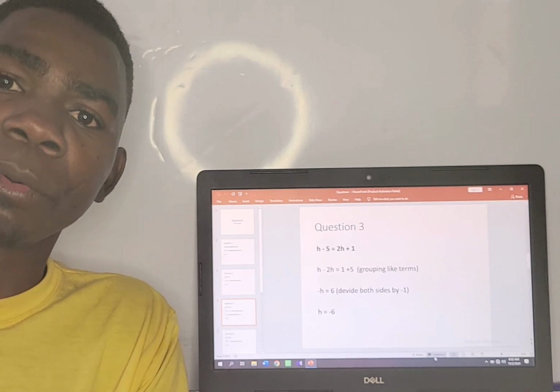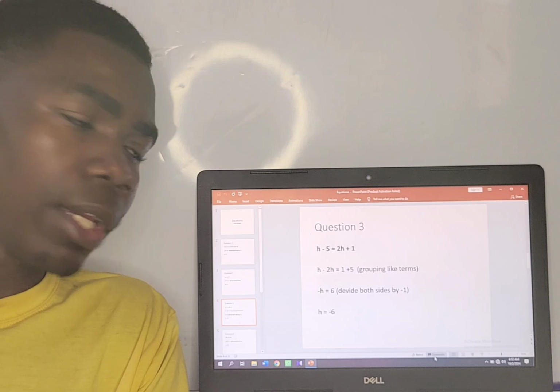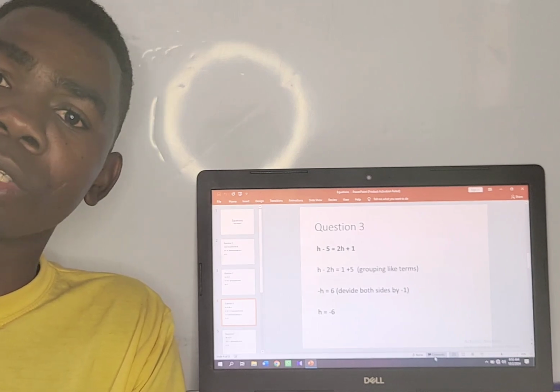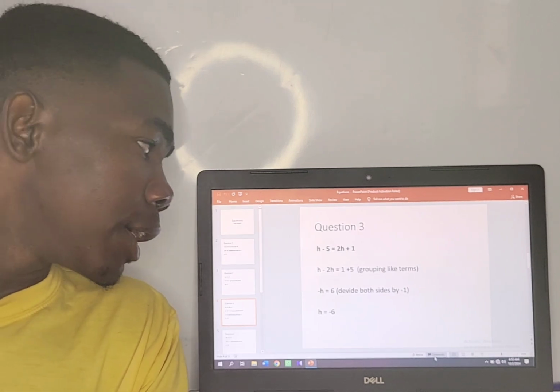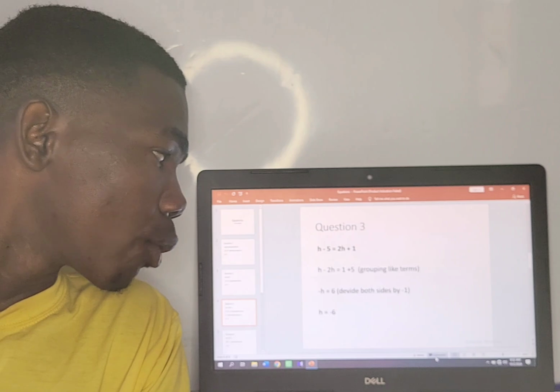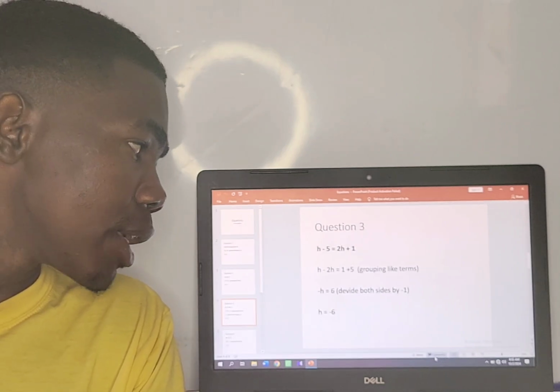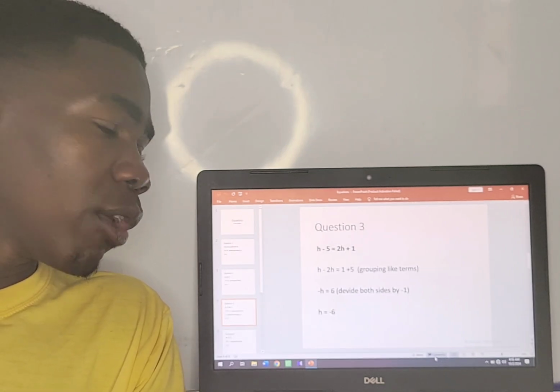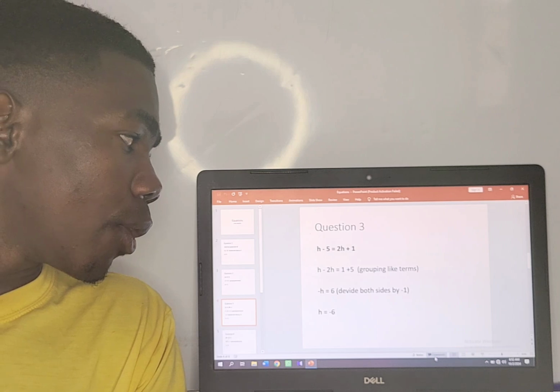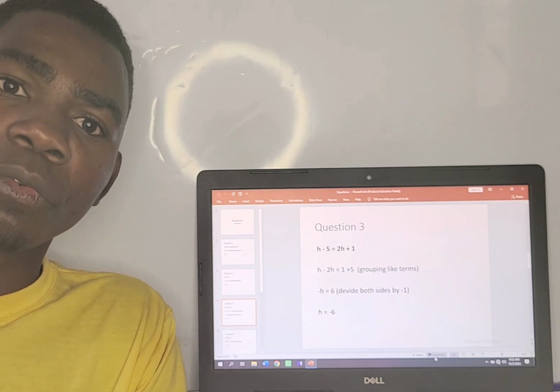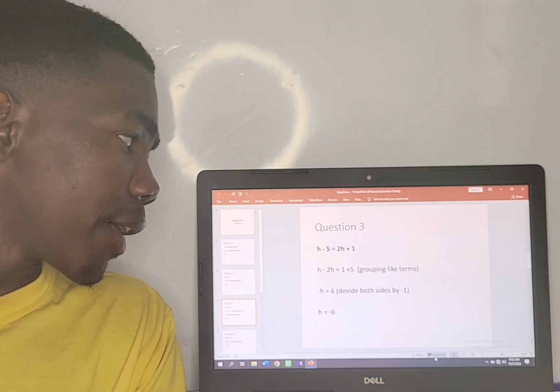Since h is found on both sides, and also the constants are found on both sides, let's group the like terms. So grouping the like terms, the values with h go on the left hand side and the constants on the right hand side.